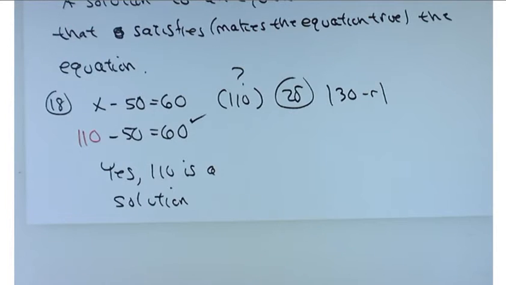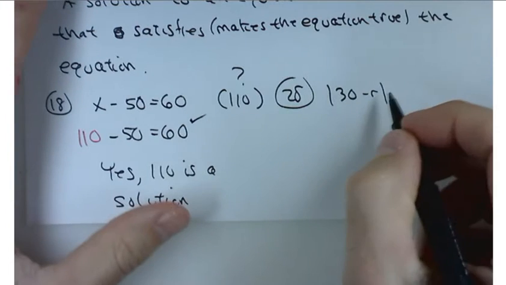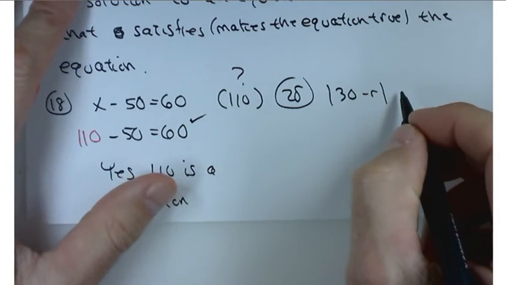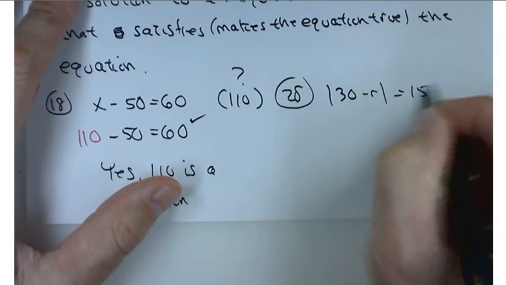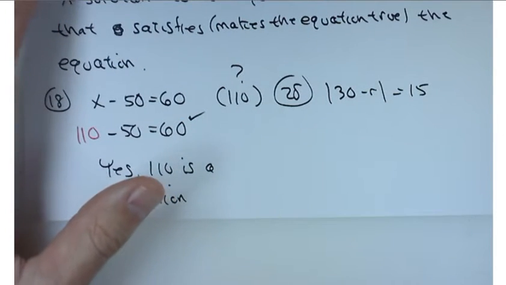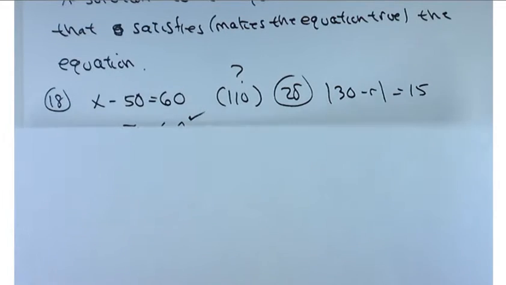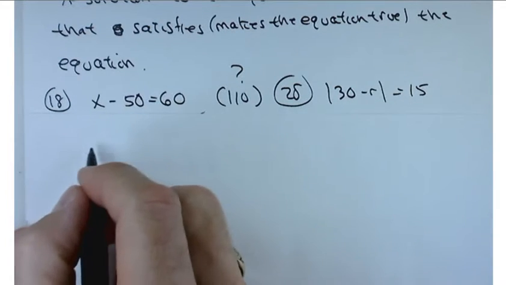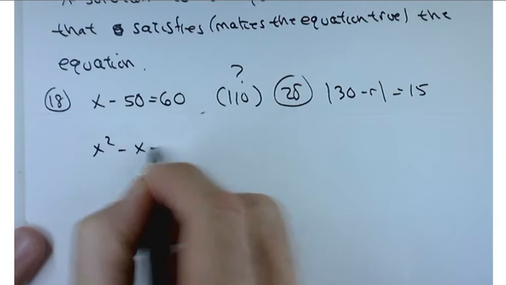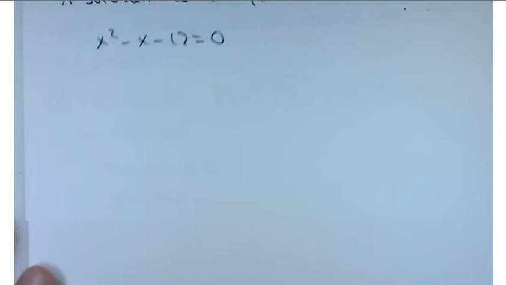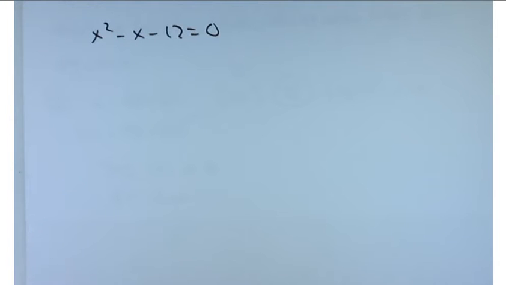And solving it is one way to determine it, but it might be a little bit harder to do that in some circumstances. For instance, if I gave you x squared minus x minus 12 equals 0, is 4 a solution?